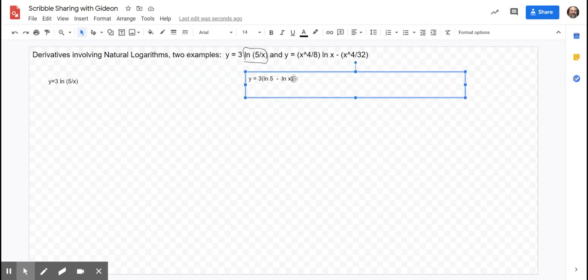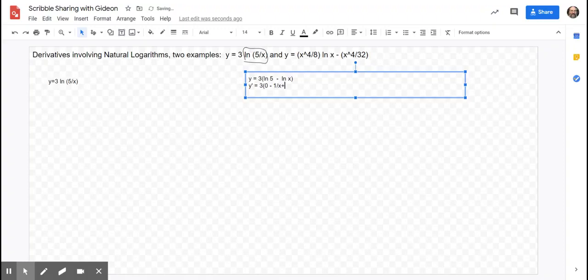The 3 is just a scalar in front, so it's not going to change. So really, we just take y prime equals 3 in parentheses, the logarithm of the first term, which is the log of a number, is a number, so that's 0. And then the natural log of x, we've memorized that derivative is 1 over x.